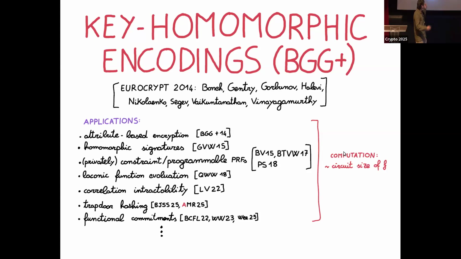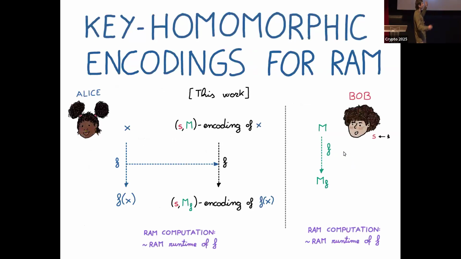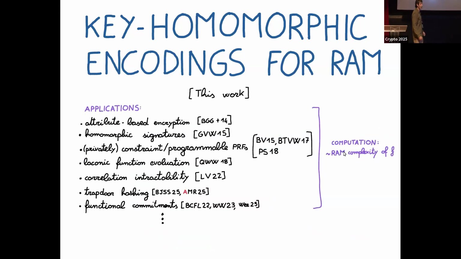In the work I'm presenting today, we managed to improve this. We modified the encodings so that the total computation of both Alice and Bob scales proportionally to the running time of the function f. That means that this improvement is inherited by all the applications, including those that I'm not aware of.